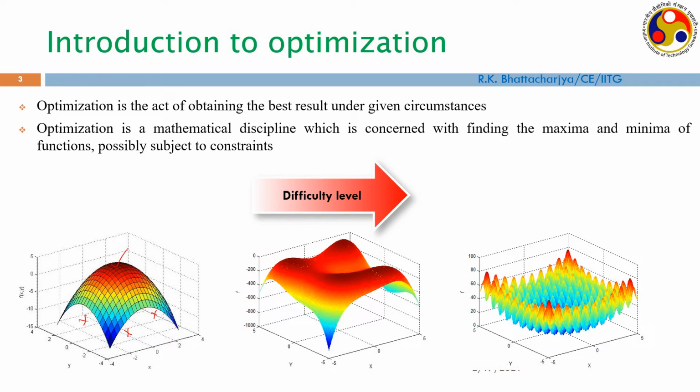Now this problem is relatively simple. We call it a convex problem. We have already discussed what a convex problem is and what a non-convex problem is. This is a convex problem, and you can apply the classical method and you will get the global optimal solution, or local optimal solution. As I said, there is only one optimal solution.